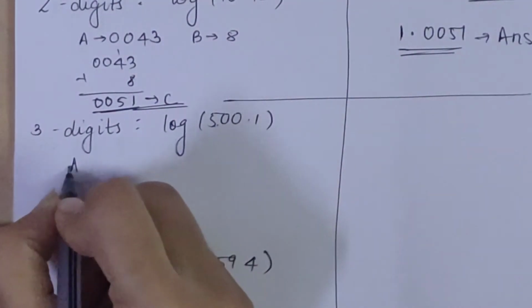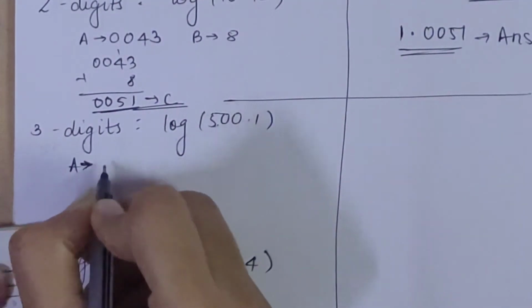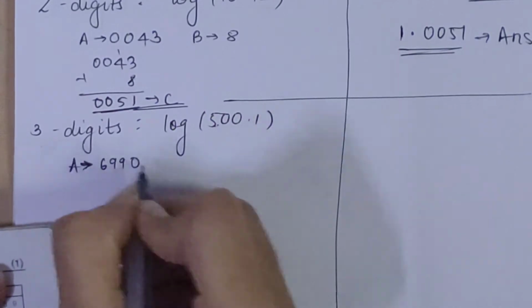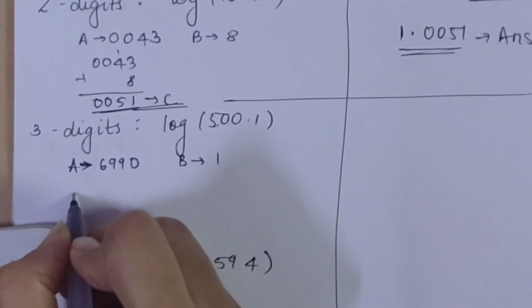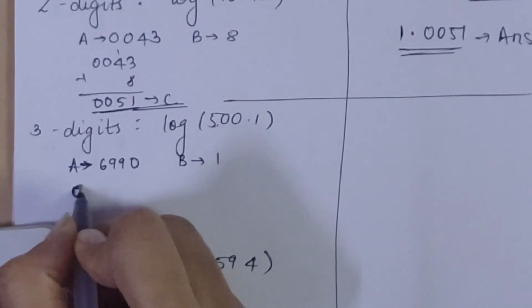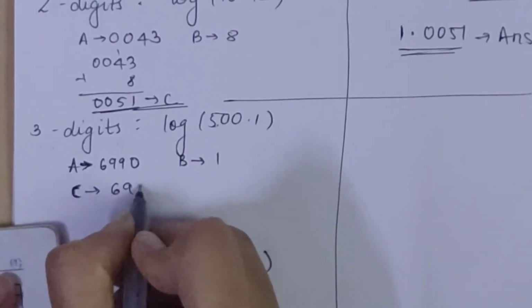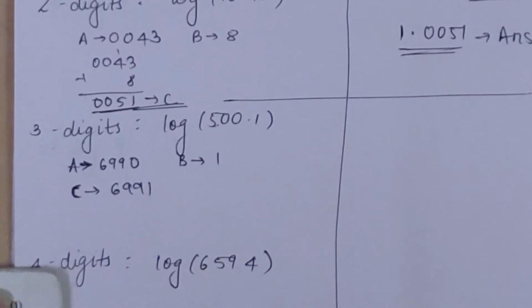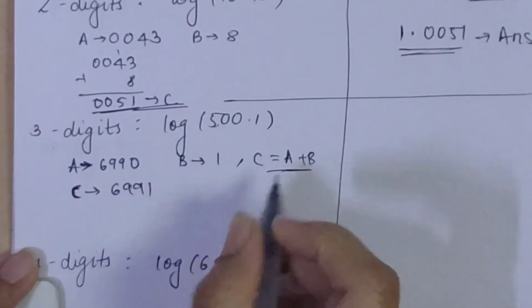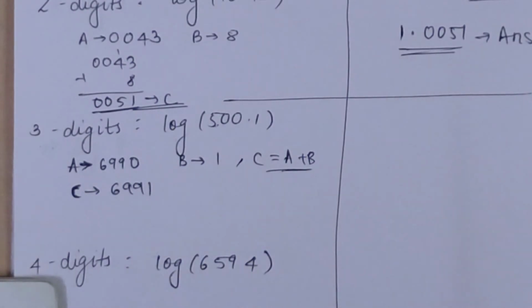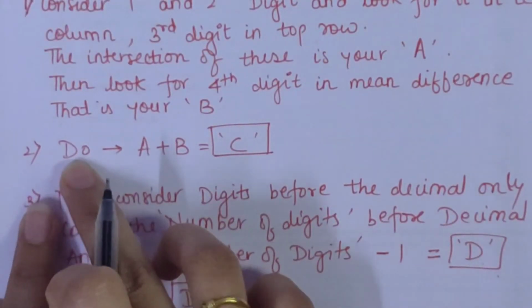So I am going to write my A as 6990, your B as 1, and when I add them, obviously my C comes out to be 6991. Fine. How? C is my A plus B, right? And from that I get my C. Now, what next? I've done my second step already.